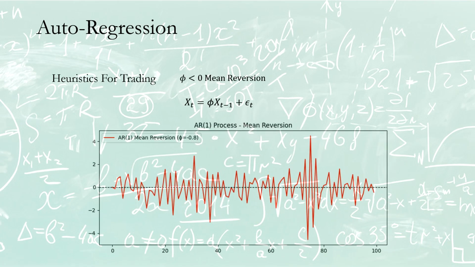If it's less than 0, it's basically mean reversion, right? And mean reversion in this case means that basically it reverts to an average level. In this case, it's 0, right? And phi is negative 0.8. Previously, we saw that if there's persistence, it's 0.8, which is positive, right? So in the negative case, it basically has a mean reversion component, okay?